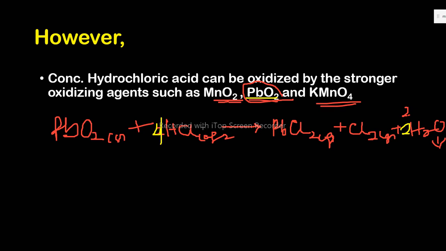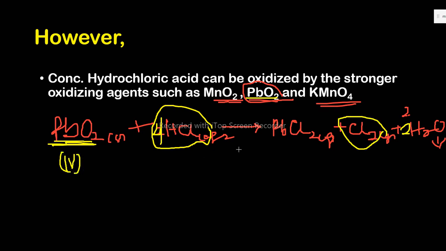So this lead 4 oxide is oxidizing the hydrochloric acid to chlorine. And since here it is in the +4 oxidation state, it is reduced to the +2 oxidation state. So that's what we call a redox reaction.